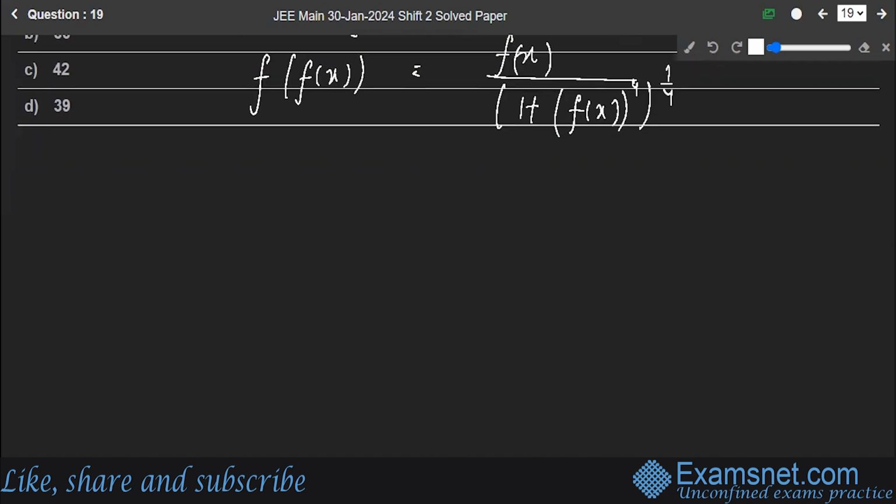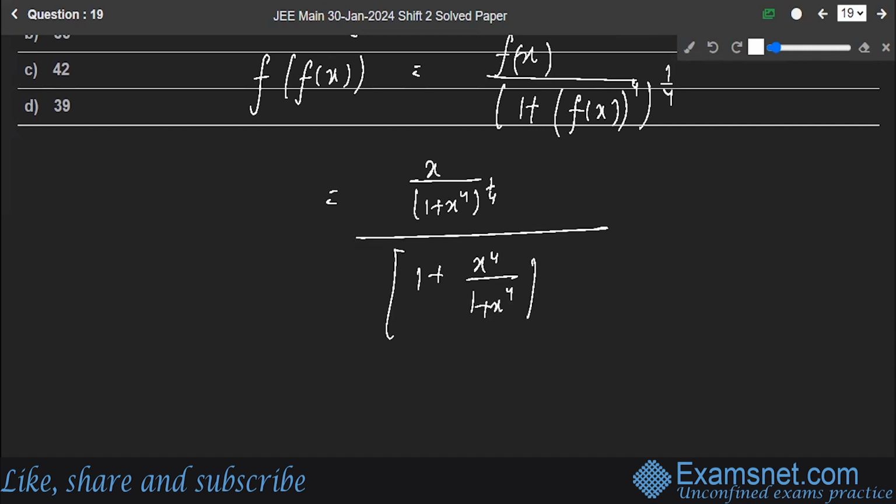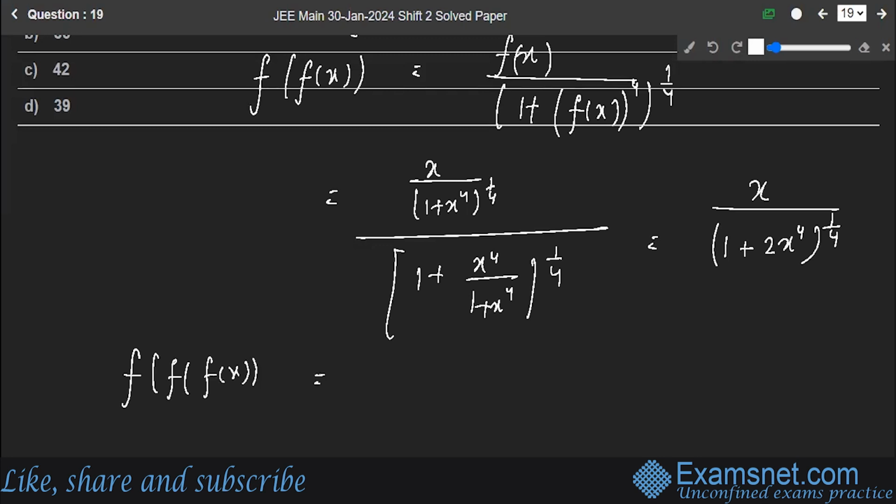Let's open it up. f(x) was equal to x upon (1 plus x to the power 4) whole power 1 by 4, divided by (1 plus x to the power 4 upon this) raised to power 1 by 4. So you will have like this, and these denominators will cancel. You will have x upon (1 plus 2x to the power 4) raised to power 1 by 4. Right? Similarly, you will check for f of f of f of x. That means 3 times this.